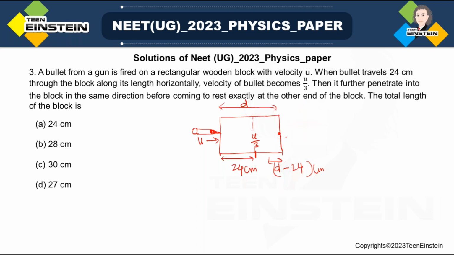All right. So now you have to find out the total length of the block. There are two parts to this question. First of all, we need to find the thickness or the length of the rectangular block. And the clue is that when the bullet starts penetrating, the block will give some resistance.